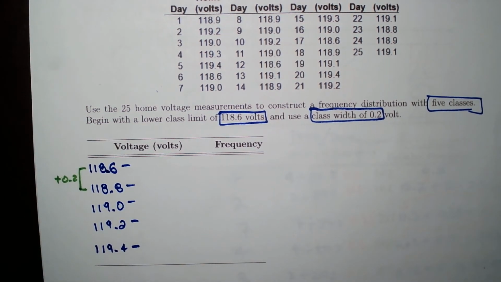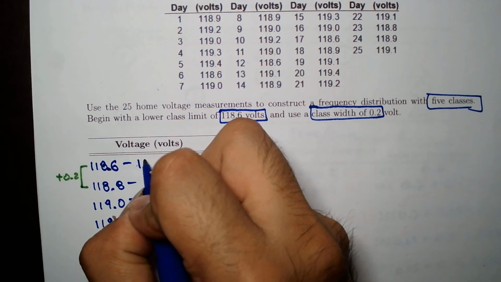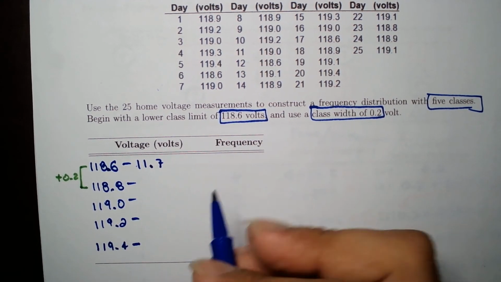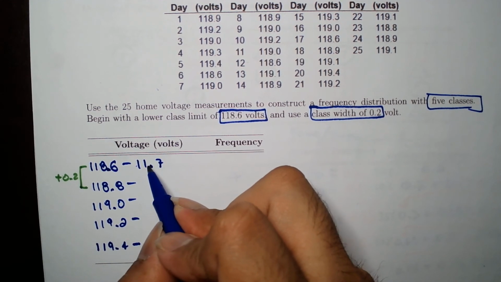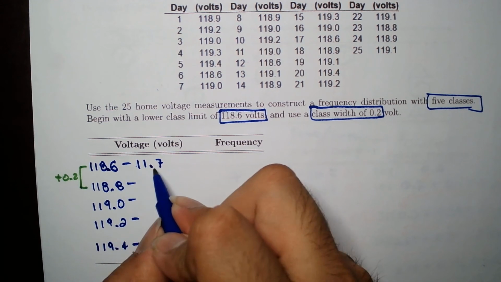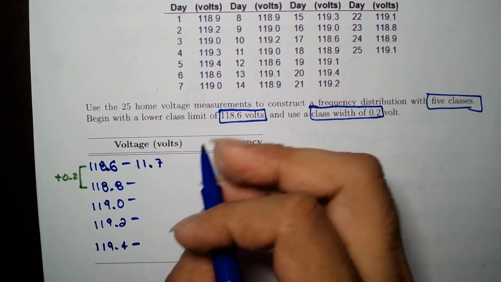The upper bounds will be 118.7. Notice that we go all the way to the accuracy, which in this case is the tenths, and we subtract 0.1 from the next lower bound.